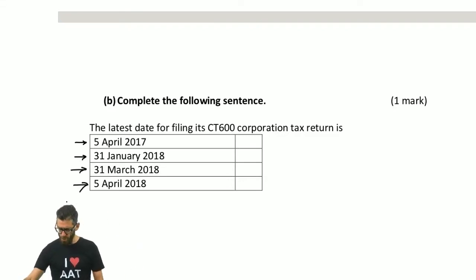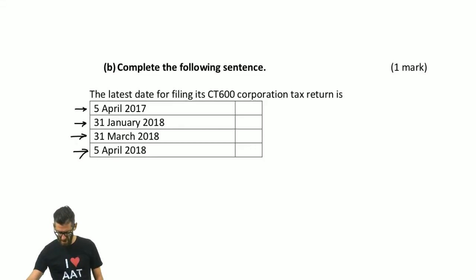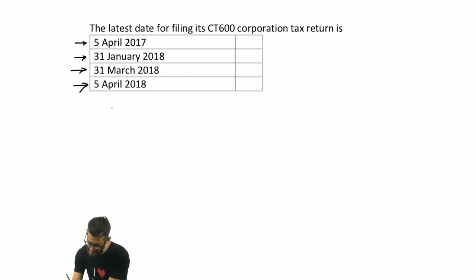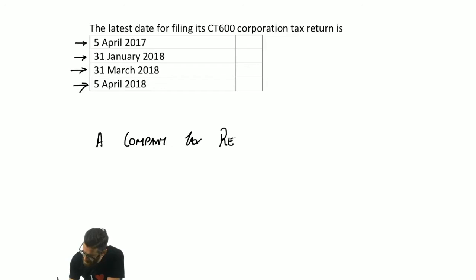But what you've got to understand is, very simply, there is a rule, and the rule states this: a company's tax return, and draw your attention to the word latest.